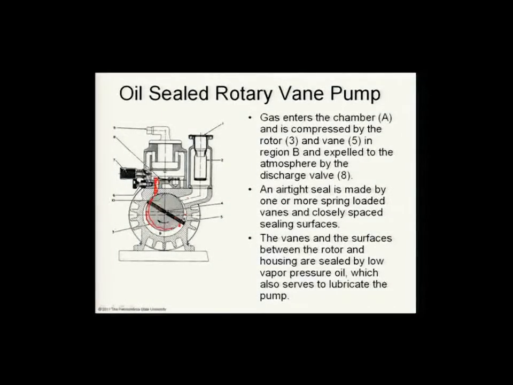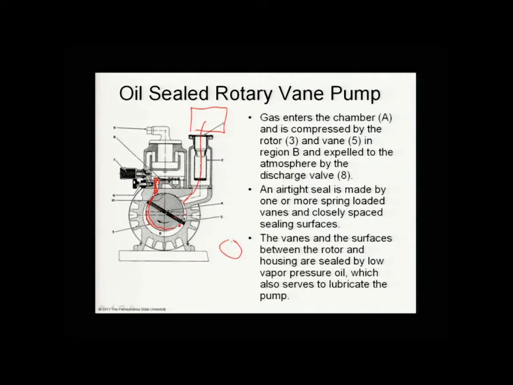So this is where the vacuum is up here, and you're capturing the molecules into here with this vane pushing them out here. It's kind of like a rotating door. You know, when you go into some buildings, they have these rotating doors, and you go in and you turn around and you get pushed out. It's kind of that kind of idea. So it's a very, very simple mechanical pump.